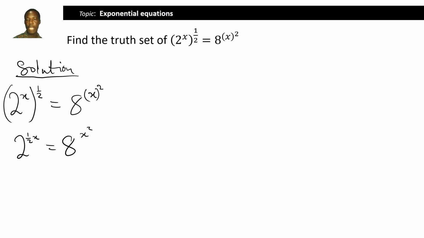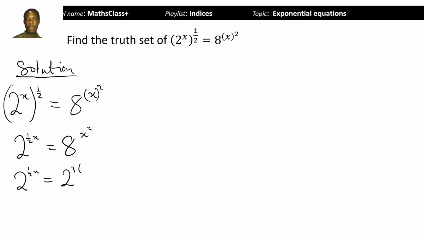Now I'm going to write 8 to be 2 to the power something. That will give me 2 to the power half x is equal to 2 to the power 3 multiplying x squared.